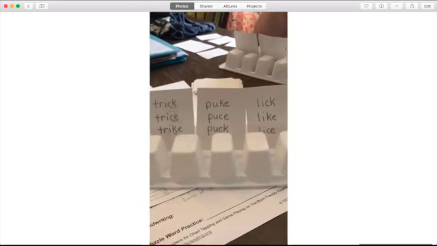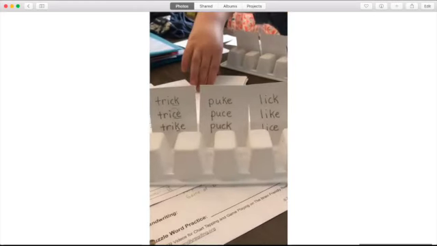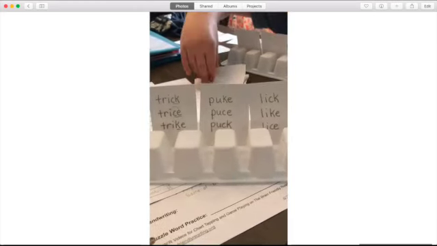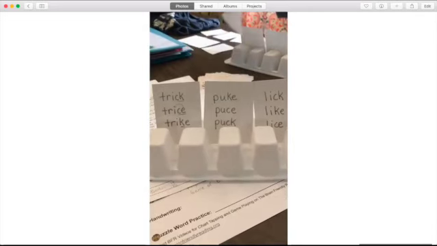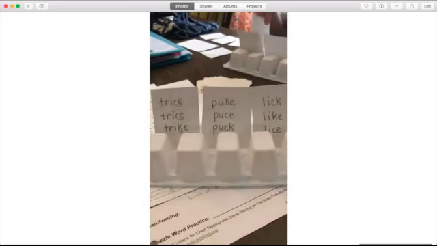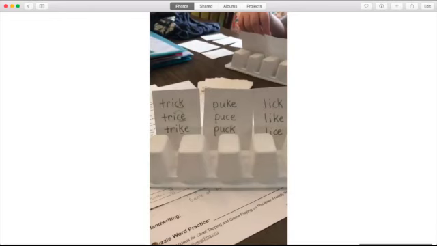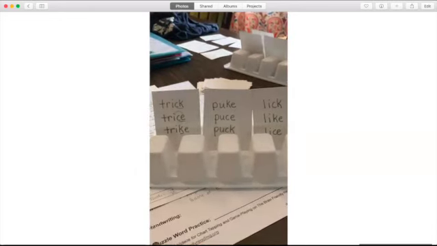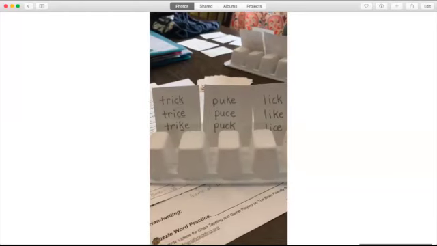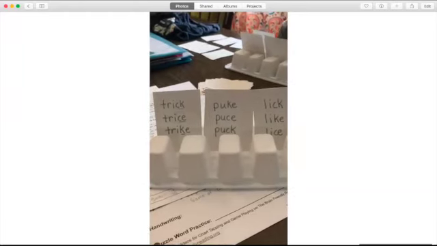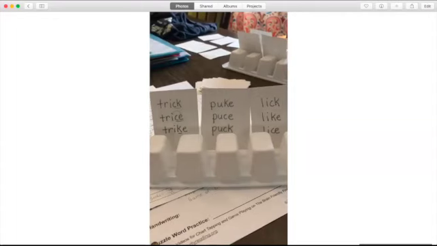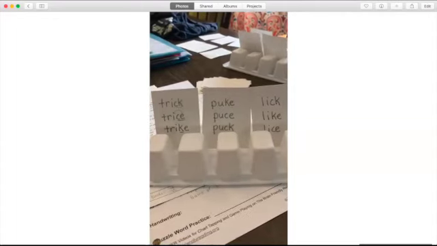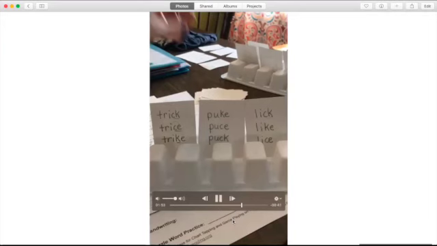Twike. Good sounding out, but I don't have it. Go fish. Sorry. Okay. I got the one I listed for. Oh, good. Okay. Do you have lick? Go fish. Lice. You sure? Lick, like lice. You don't have lick like lice? I have no else.